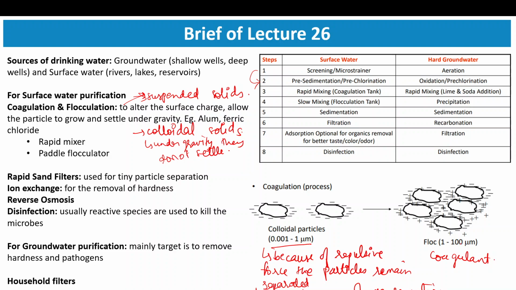Okay, so when we are adding this coagulant, we mix this, and coagulants that we add usually are alum, ferric chloride, etc. Now once they have mixed completely, we need to give some time so that they come closer and form bigger particles, which are known as flocs, which have dimensions in the range of 1 to 100 microns.